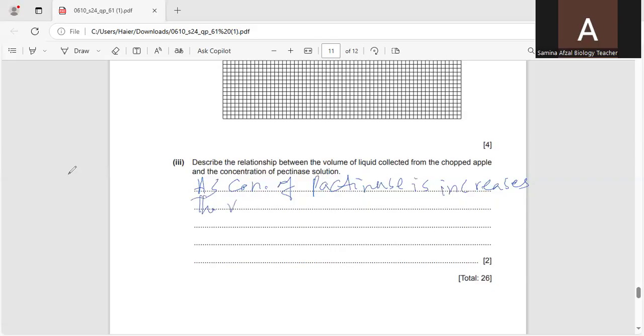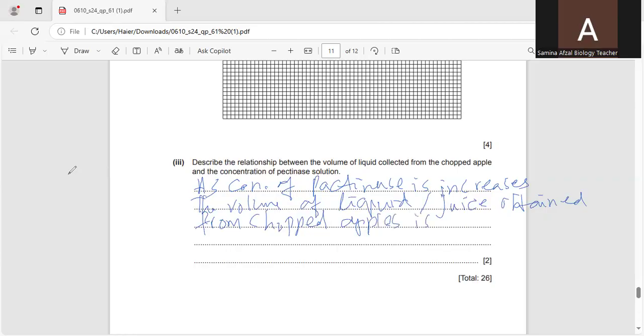The volume of liquid, or you can say the juice obtained from chopped apple, is increased.